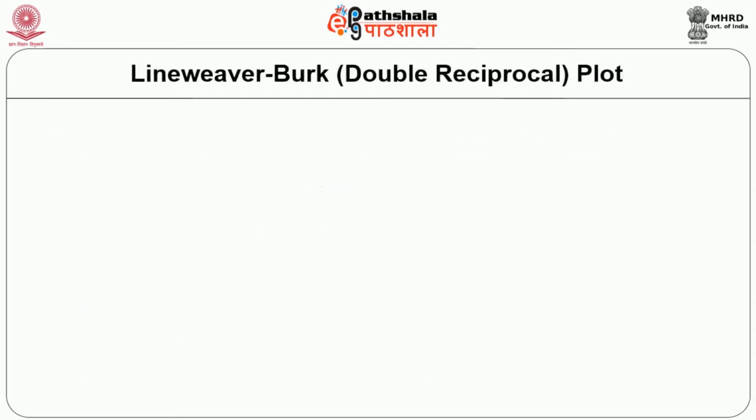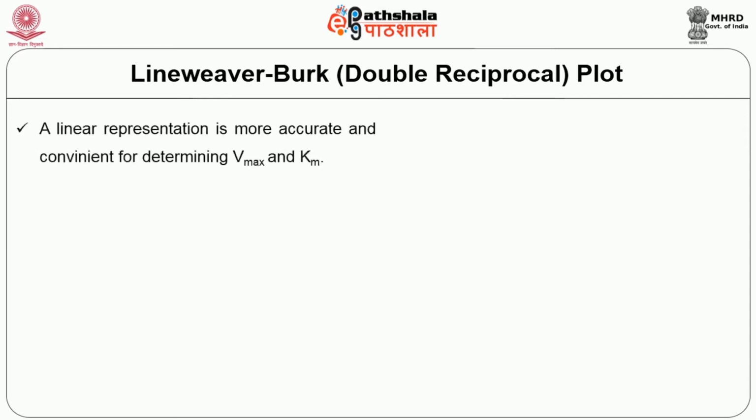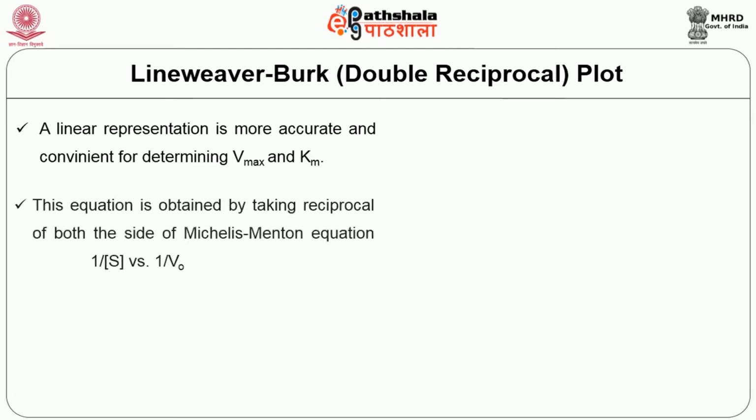To understand and to calculate the Km value empirically, instead of the direct plot, we always go for a linear representation, which is more convenient for determining the Vmax and Km, and this equation is obtained by taking the reciprocal of both sides of the Michaelis-Menten equation, 1/S versus 1/V0.